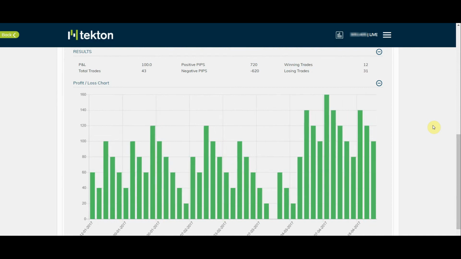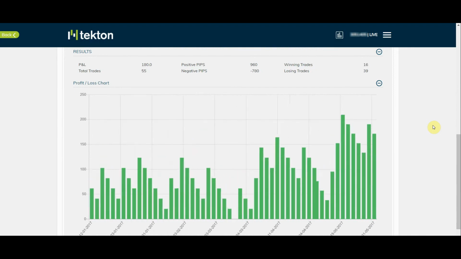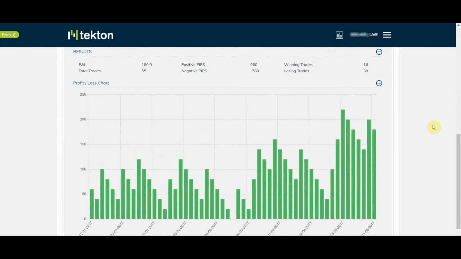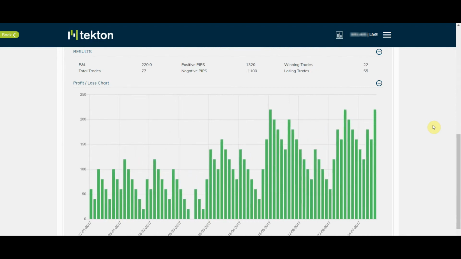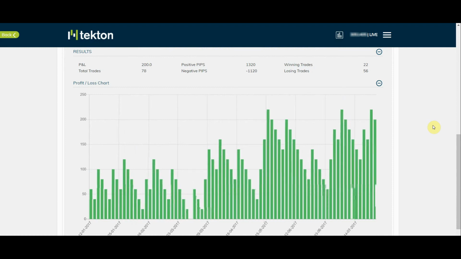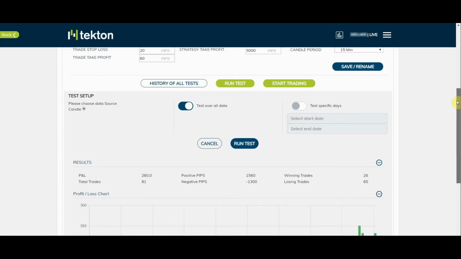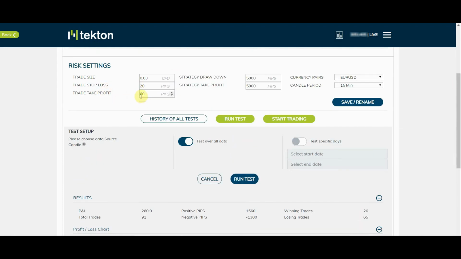So right now it's starting the strategy. It's done 4 months already, and as expected, the winning trades in number is lower than the losing trades, purely and simply because the reward to risk is higher. So every take profit is 60 pips and the stop loss is 20.